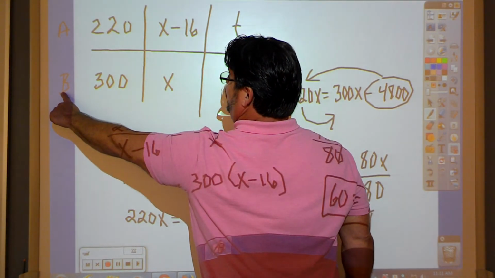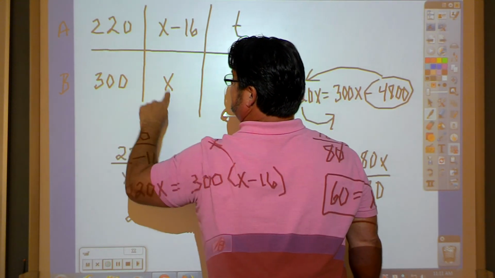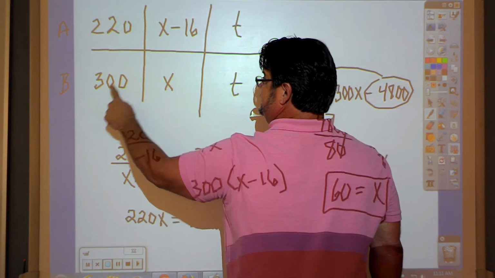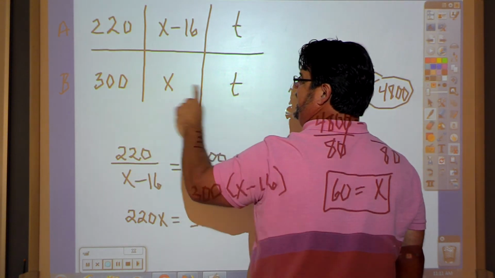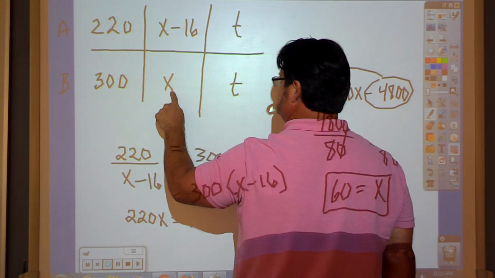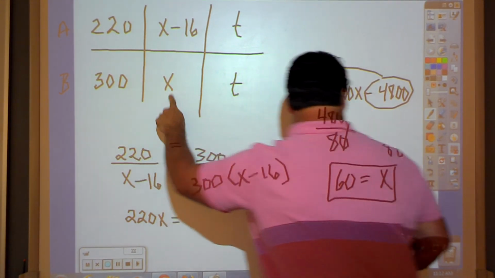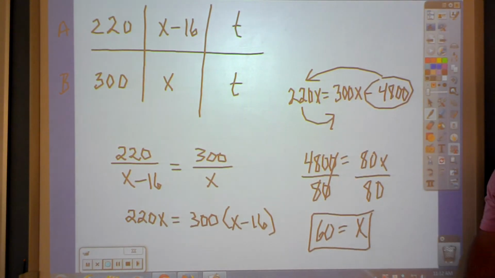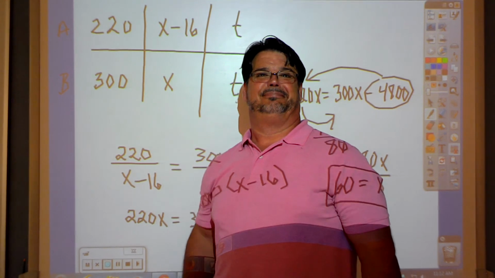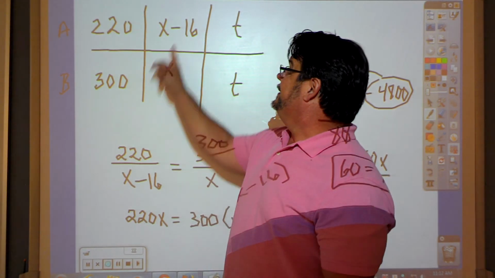B. So what does that say about train B? X. What number was that? 60. Distance equals rate times time. Distance equals speed times time. So what does that 60 mean? That's how fast it's going. How fast what's going? Train B. So you gotta subtract 46 from that?